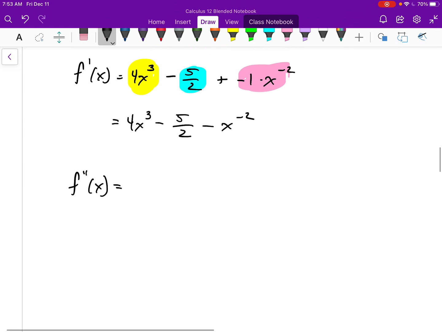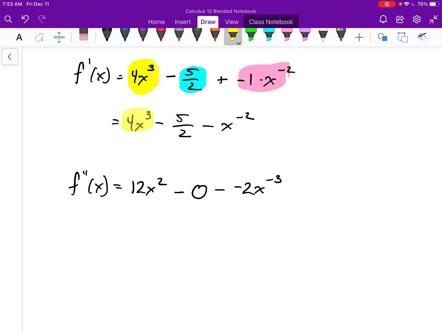Okay, second derivative. So first, let me differentiate 4x cubed, and that becomes 12x squared. Again, I brought the exponent down, times 4 is 12, and then subtract 1 from the exponent. Minus 5 over 2 is a constant, so the derivative of a constant is 0. So that's nice. And then next, minus negative 2 times x to the negative 3.